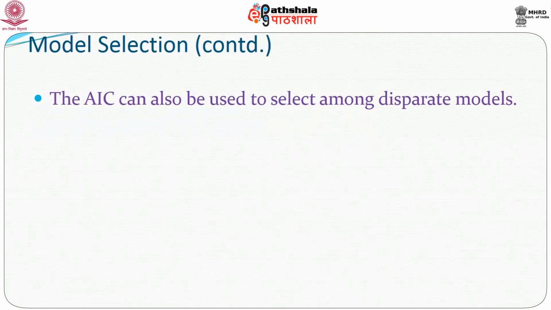But we can have alternative models: an AR(p) model, an ARMA(p,q) model, a basic structural model. So there can be alternative models under the state space setup, and the AIC can be used to choose among them. The one with the smallest AIC value can be chosen.